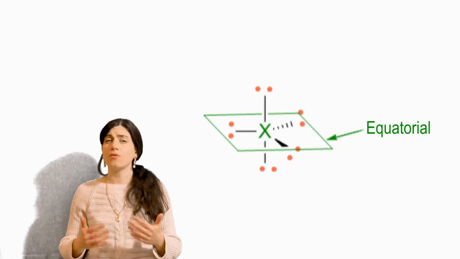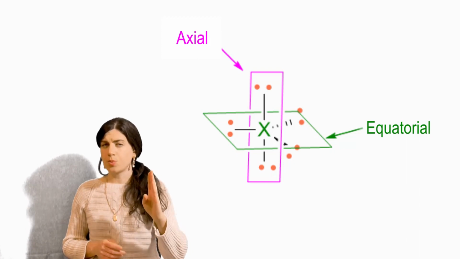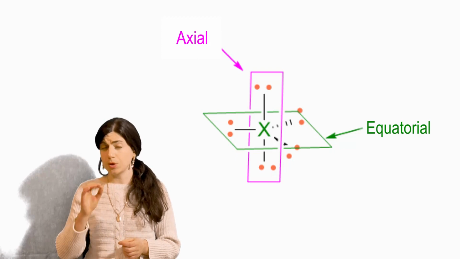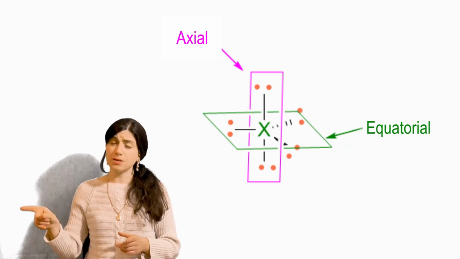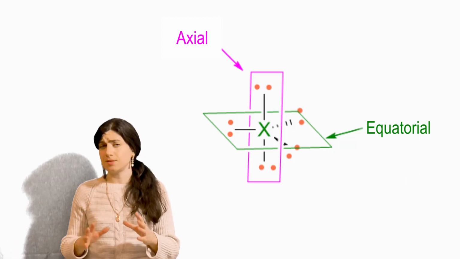And then we have also the axial positions. These 2 electron pairs form an angle of 180 degrees between each other. On the other hand, the angle with the electron pairs in equatorial position is 90 degrees.